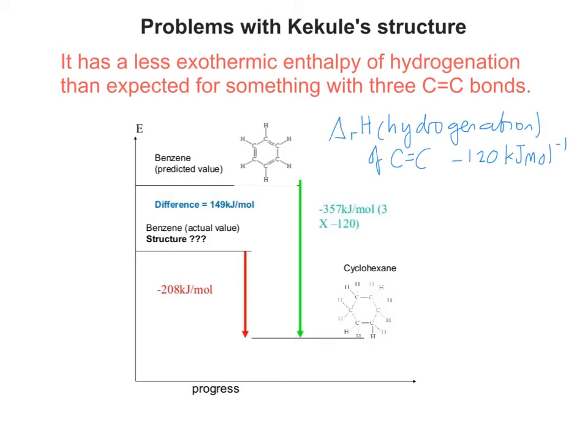So if you had something with three carbon-carbon double bonds, you'd expect it to have a hydrogenation enthalpy of minus 360. When we actually hydrogenate benzene, you get minus 208. So it's actually a lot more stable.